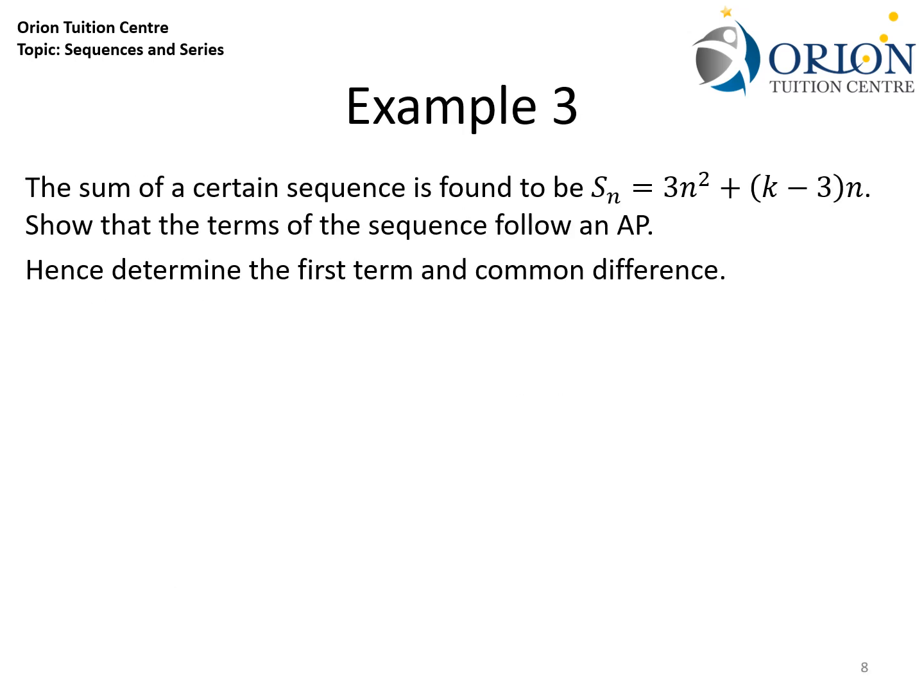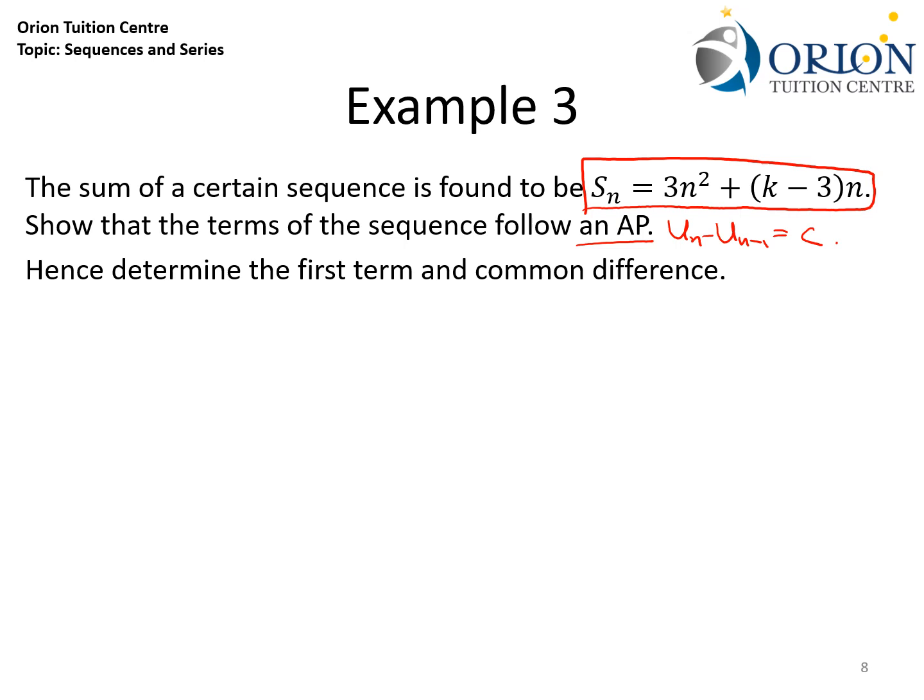In example 3, we are given the sum of a series and asked to show that this sum actually comes from an AP. So from earlier, we learned that in order to show that a certain sequence is an AP, we need to show that Un minus Un minus 1 is a constant. But we are not given Un now.